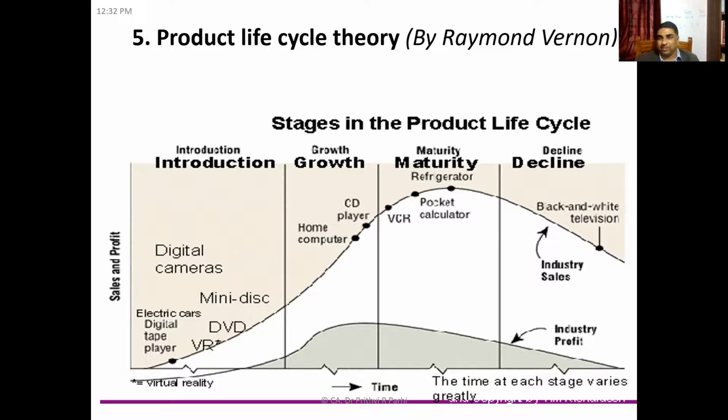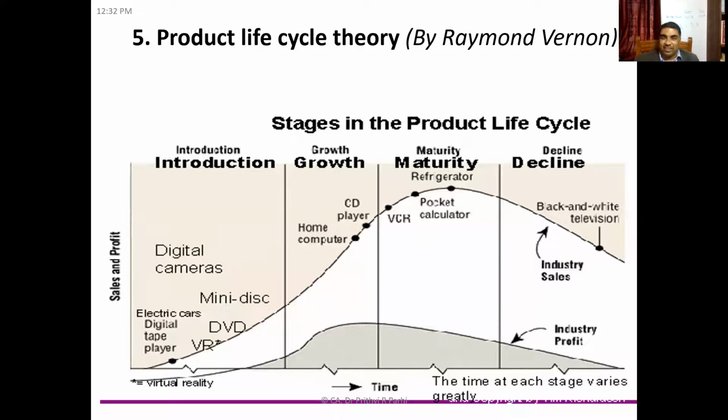Coming to the growth stage, you can think of something like a laptop. Its demand is growing. And you can think of some product which is in the maturity stage, like a refrigerator. That means it has already saturated. Everybody knows that every household will have one refrigerator.